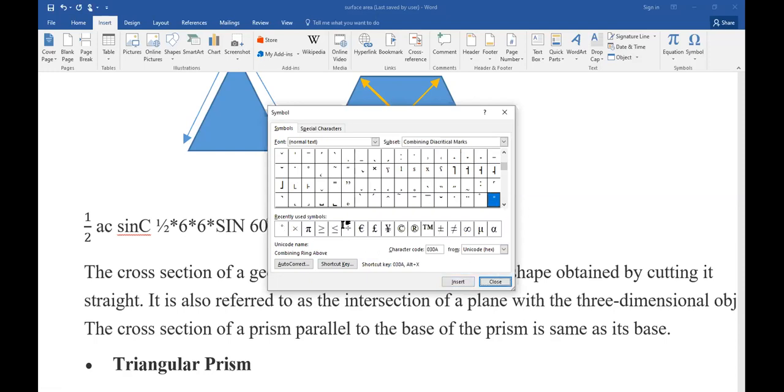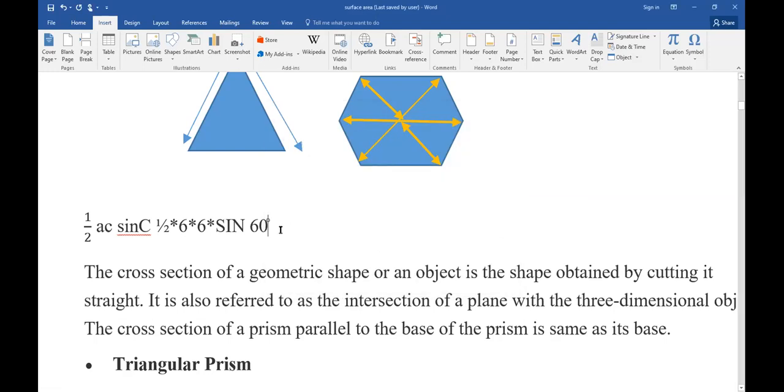So I have 60 degrees here. A half times 6 times 6 times the sine of 60 degrees. I will come and share the calculator.